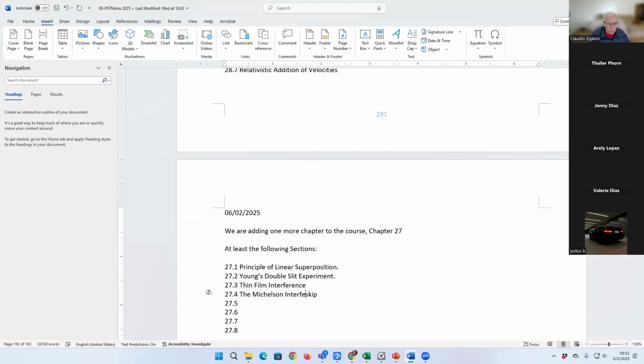A very important device, by the way. We do experiments with that in Physics 38. But unfortunately, we're going to skip it for now. If we have time, we cover it. If we don't, resolving power, skip resolving power as an optical instrument. The diffraction grating.